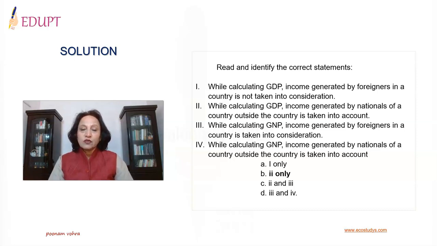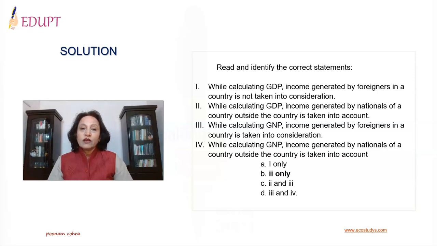Why is it so? Or for that matter, how do you decide what is the correct answer in this case? You need to consider 2-3 aspects. 1. What comprises a resident of a country? 2. What comprises net factor income earned from abroad? That is, you must be clear with what is paid abroad and what is received from abroad.